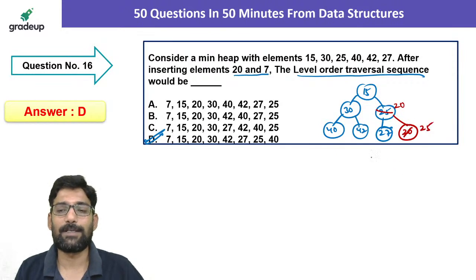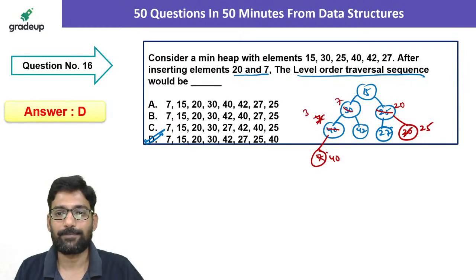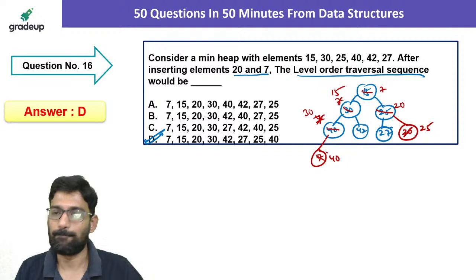Now we are inserting 7. It is not satisfying the ordering property, so swap 7 and 40, 7 and 30, 7 and 15. That's it. Okay, next question.